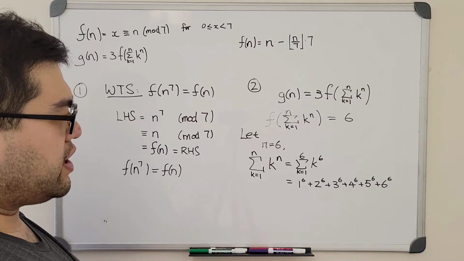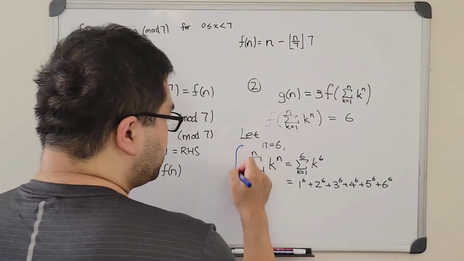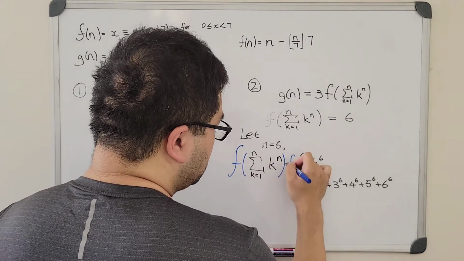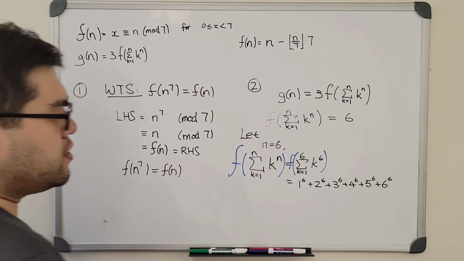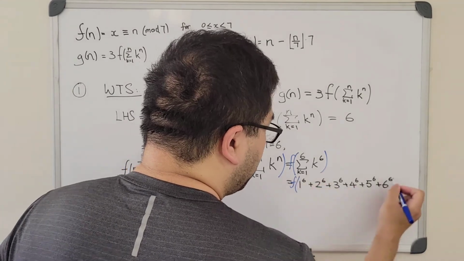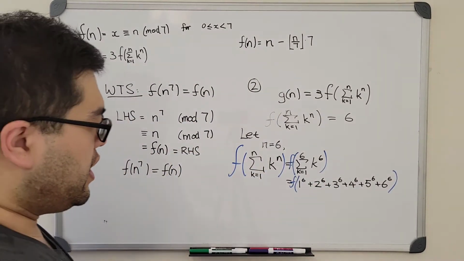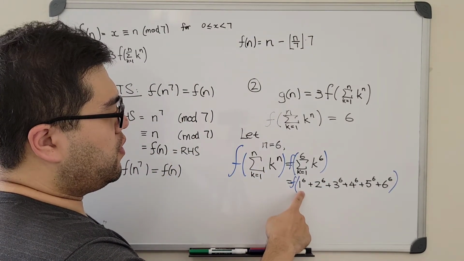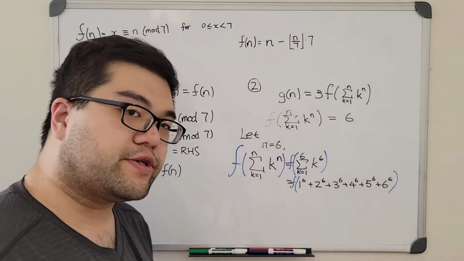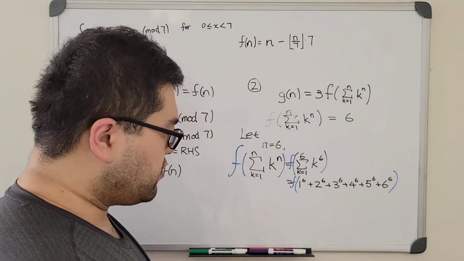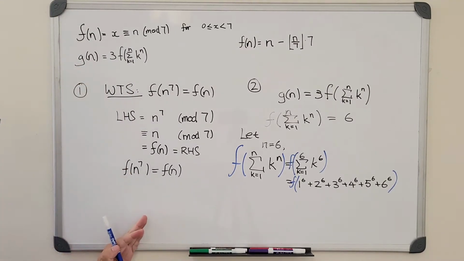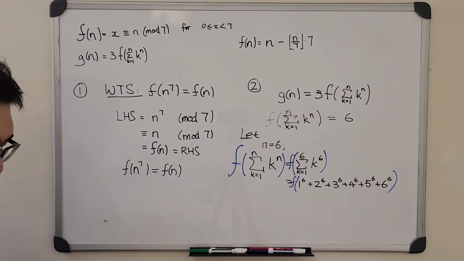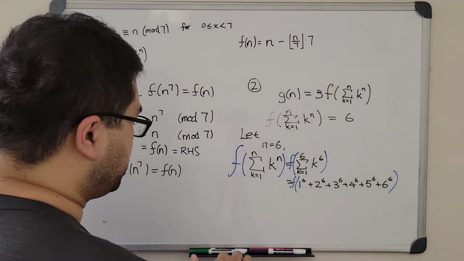Now let's try to take the function like this. So we're going to put it in the function f. We will get the following: f of 1 to the 6th power plus all the way to 6 to the 6th power. I know this is a big number, but don't worry. We just have Fermat's little theorem. We can just use it to help us get the answer.